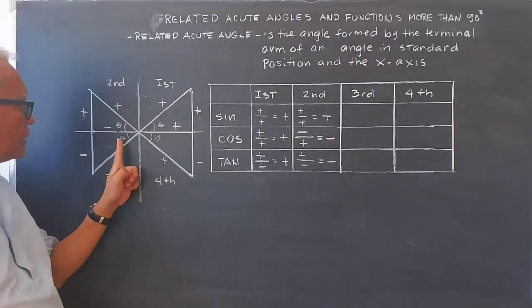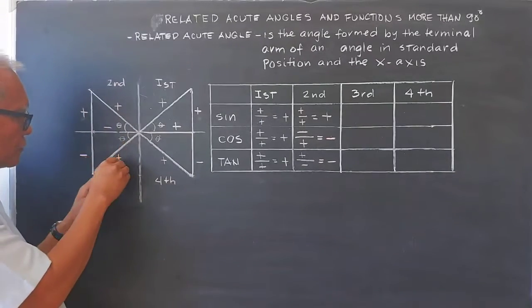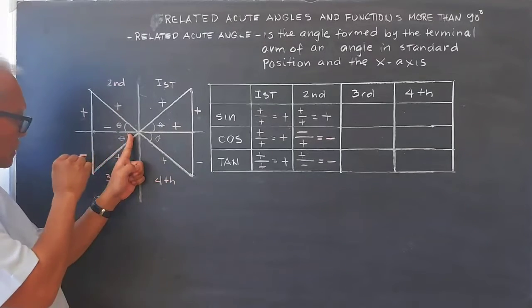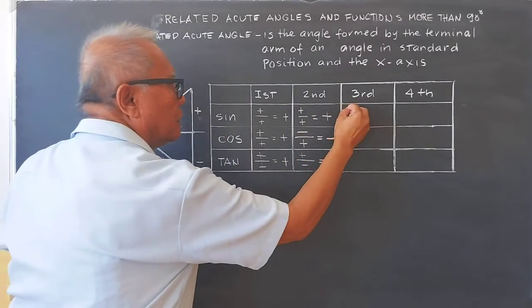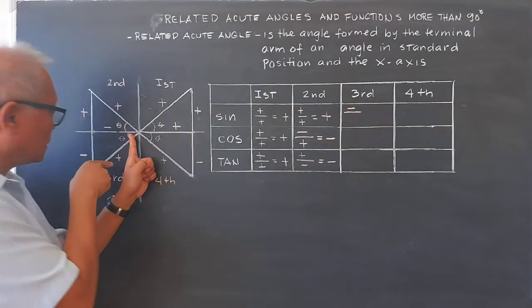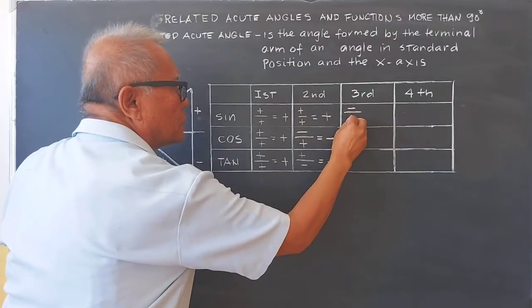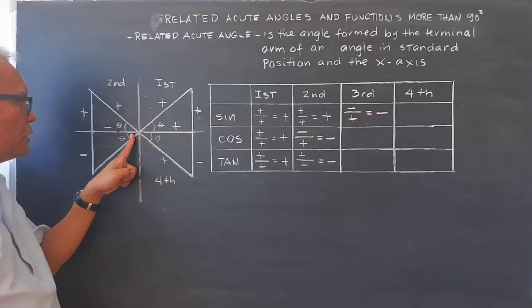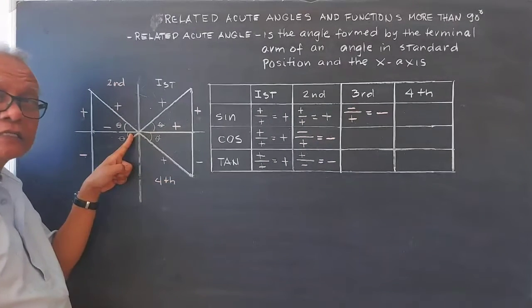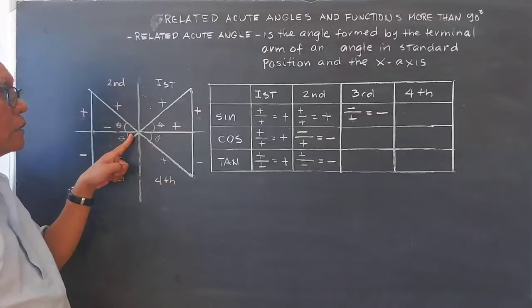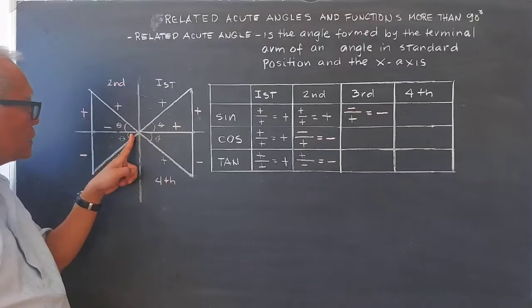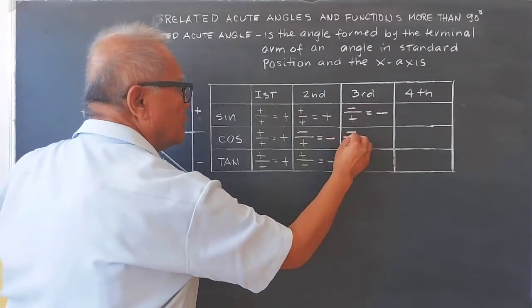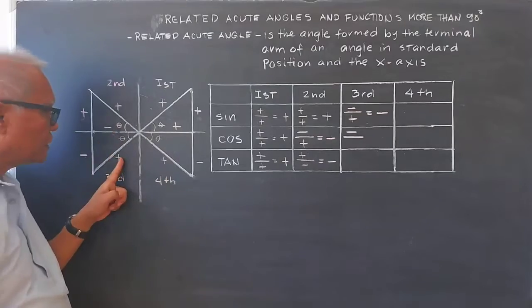Third quadrant: we have a negative here and a negative here. Sine is opposite. Opposite is negative, over the hypotenuse, which is positive. So negative over positive, unlike signs, in division is negative. So sine in the third quadrant is negative. Cosine is adjacent, which is negative, over the hypotenuse, which is positive.